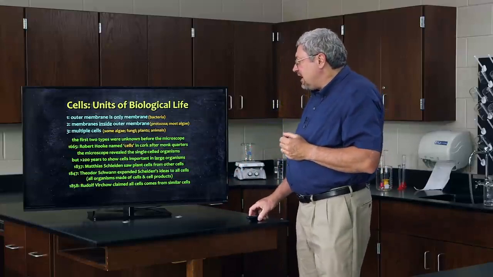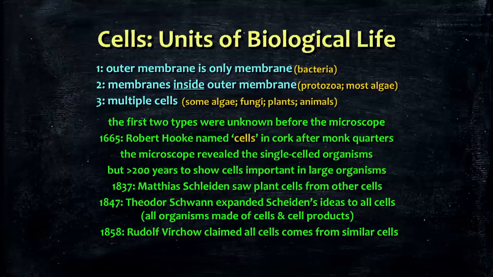In 1858, Rudolf Virchow, just a few years after that, carried that a little bit further by saying not only are all organisms made of cells, but the cells of all organisms come from other cells. So cells only are generated from cells.